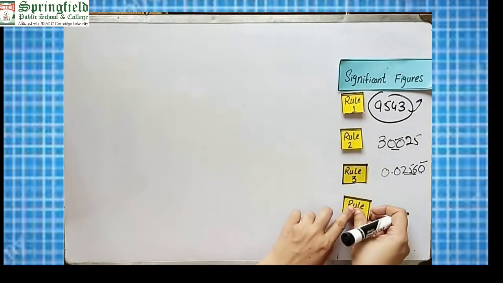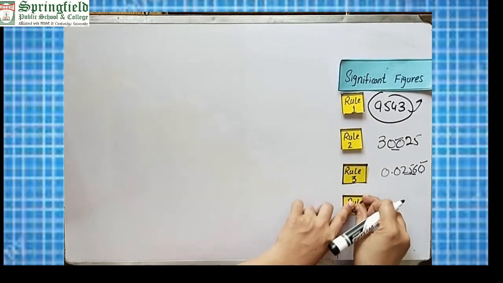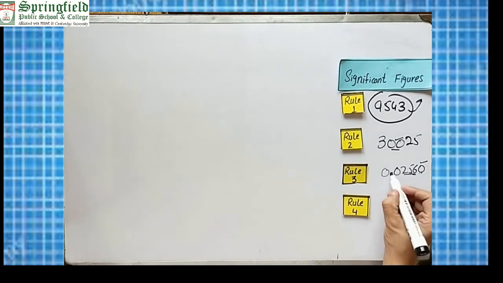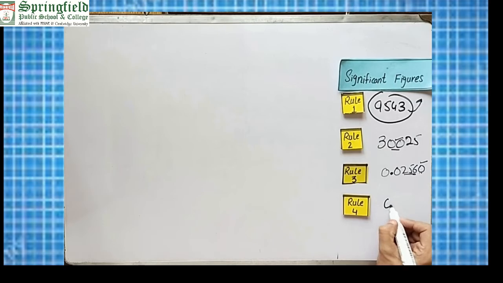And in rule 4, in a decimal number, decimal means the number that has a decimal point, the zeros before the non-zero digits are not significant. 0.0032.